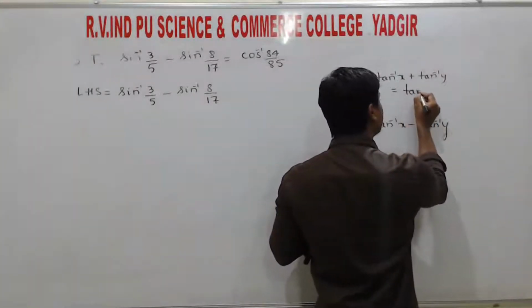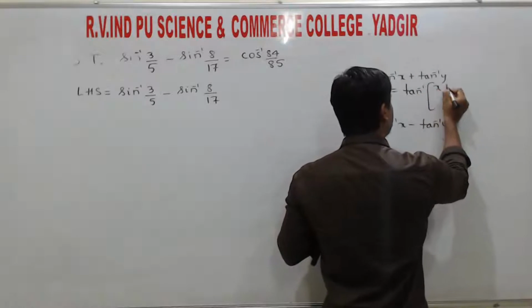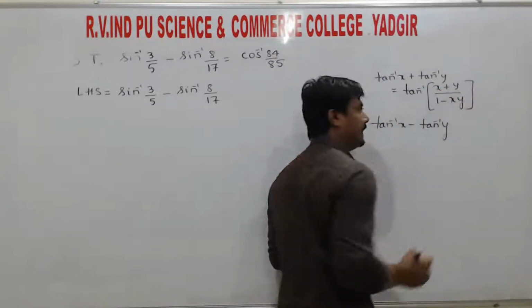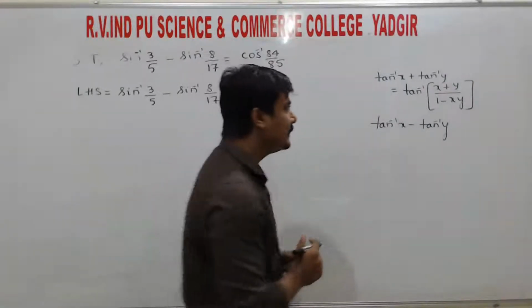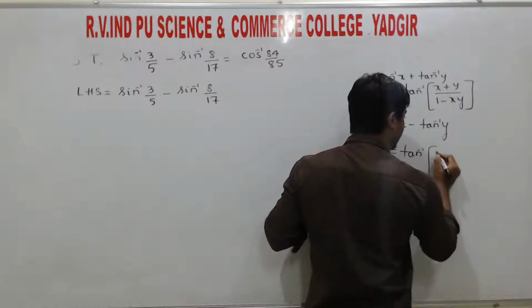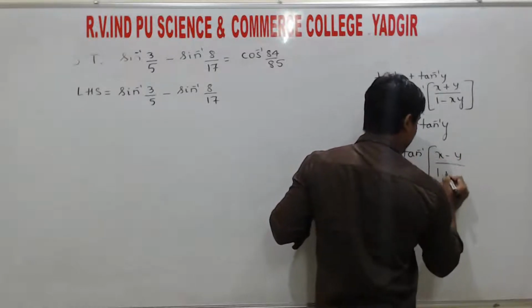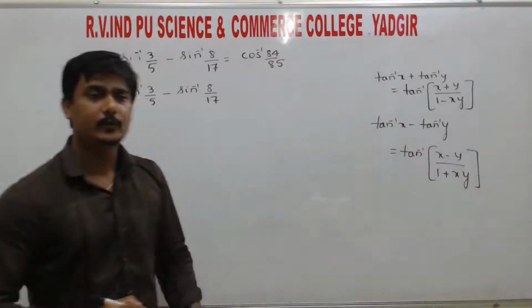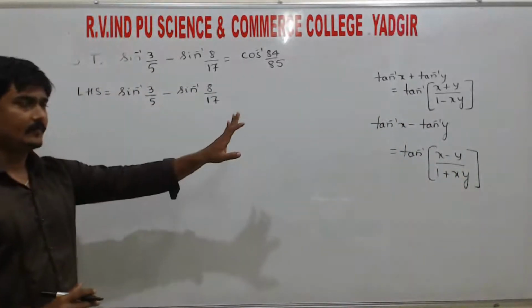It is tan inverse of x plus y upon 1 minus x into y. What is tan inverse x minus tan inverse y? It is tan inverse of x minus y divided by 1 plus x into y.